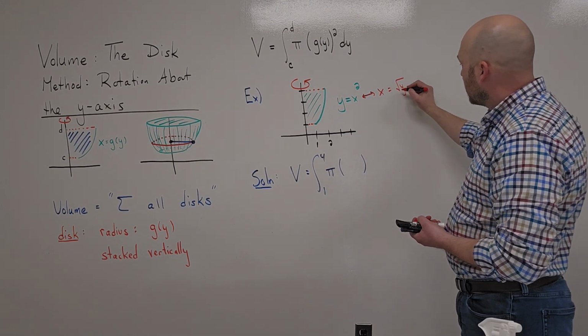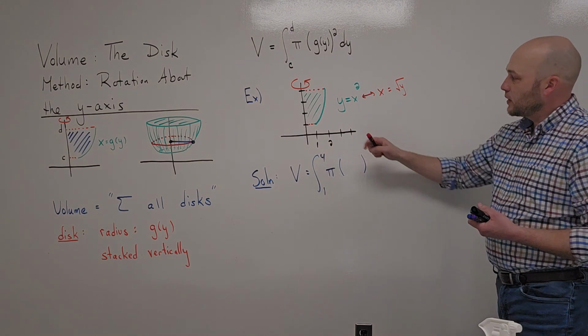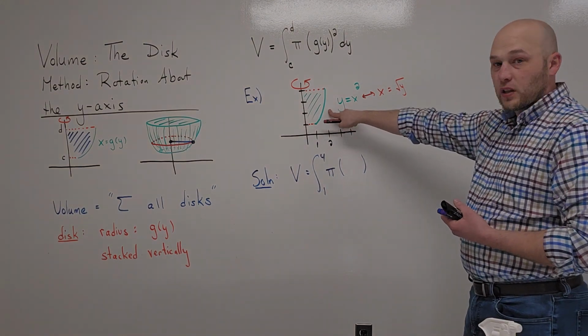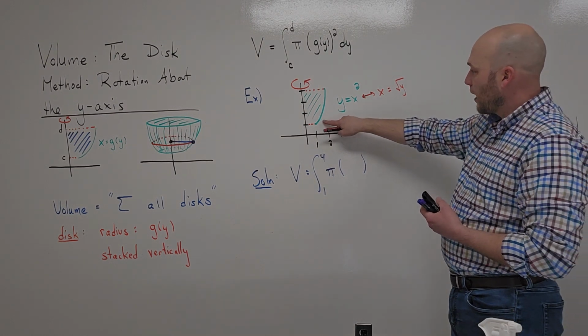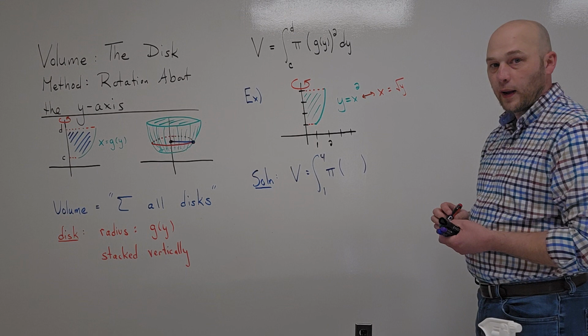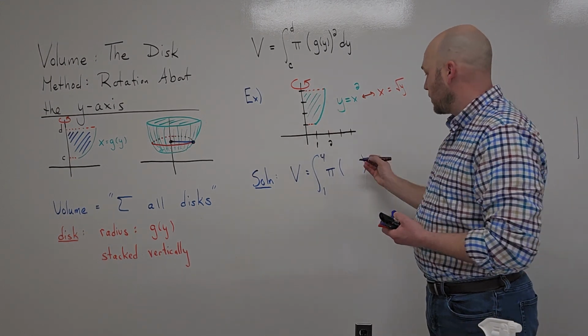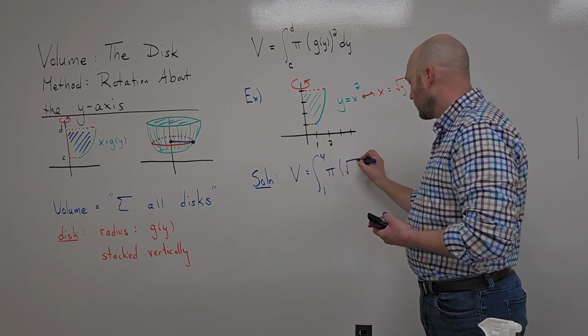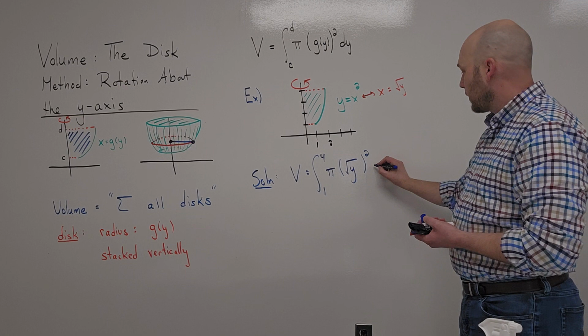And yes, when you take a square root, you do have to account for the plus or minus. In this case here, this graph is in the first quadrant, so we would take the positive radical. So this would be the graph of x equals the square root of y. All right, so therefore the radius of this would be the square root of y, and then we're squaring that, and then dy.